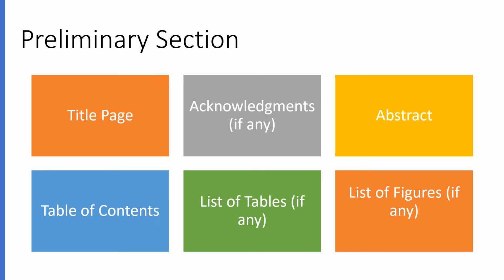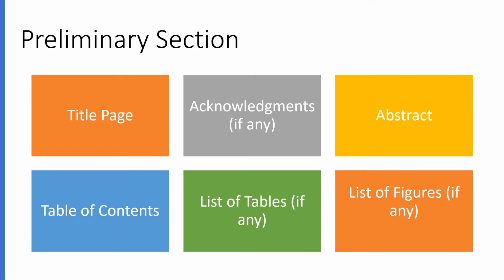In the preliminary section, you basically have a title page in the beginning, then you have certain acknowledgements. If you basically want to include, that's completely optional. If you want to acknowledge your supervisor, your parents, etc., you can basically do that in this section. Then you basically go about writing an abstract. How do you basically write an abstract?